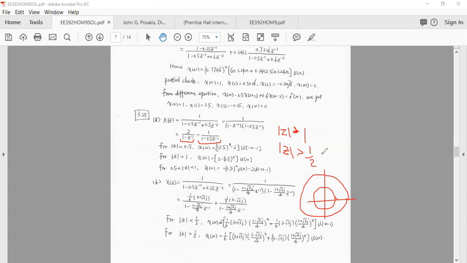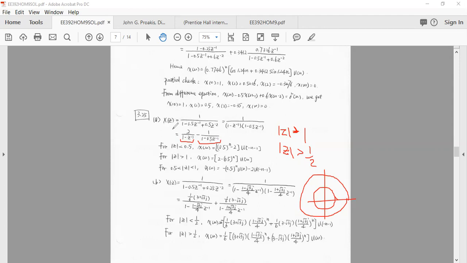So z has to be greater than 1 for the signal to be causal. The next is for the overall signal to be anti-causal: it has to be less than half, right? It has to fall inside this smaller circle. The other case would be the signal that falls in the region in between those two circles, right?